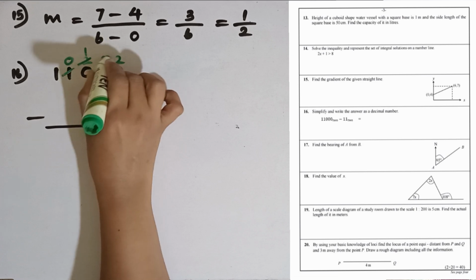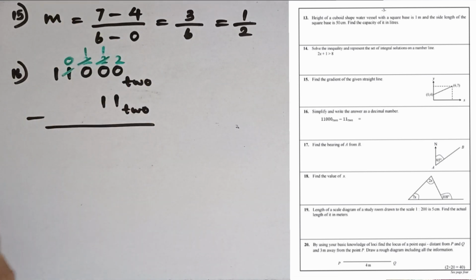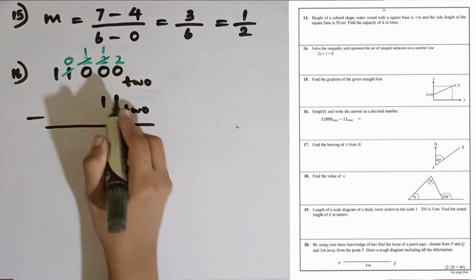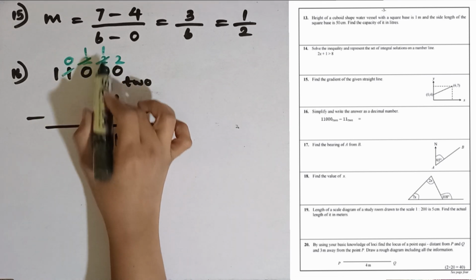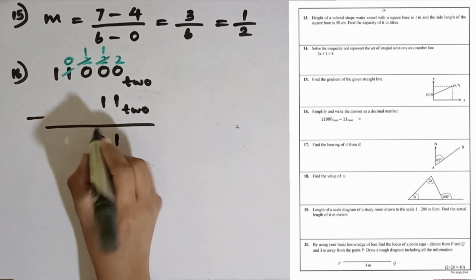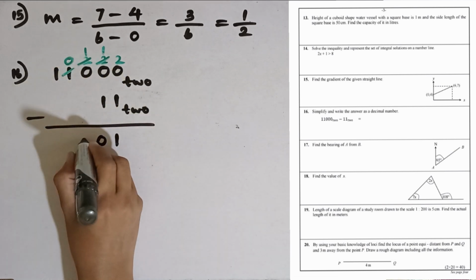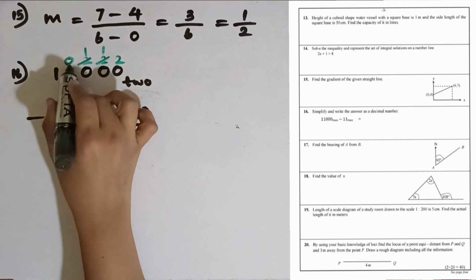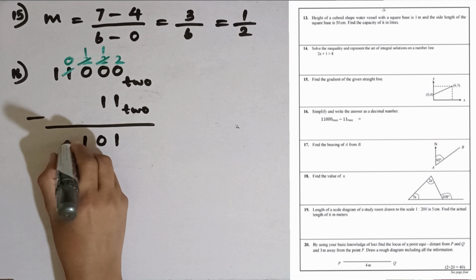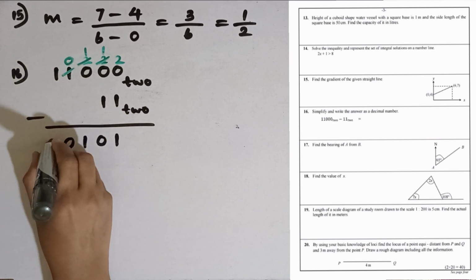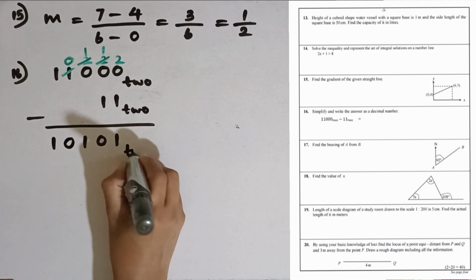It becomes 2. Then the remaining is 1 now. Now let's do the subtraction. 2 minus 1 is 1. Then 1 minus 1, 0. Then 1 minus 0 is 1. Then 0. Here 0. Here also 1 here. So this is the final answer.